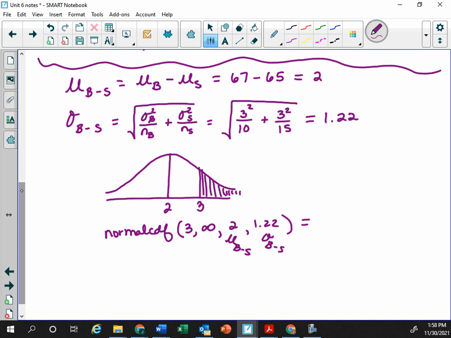What do we get? Did you do 3 to infinity or did you do negative infinity to 3? Okay, I was like, you got the opposite part. I'll just say 0.21. Anybody calculator troubles? All right.